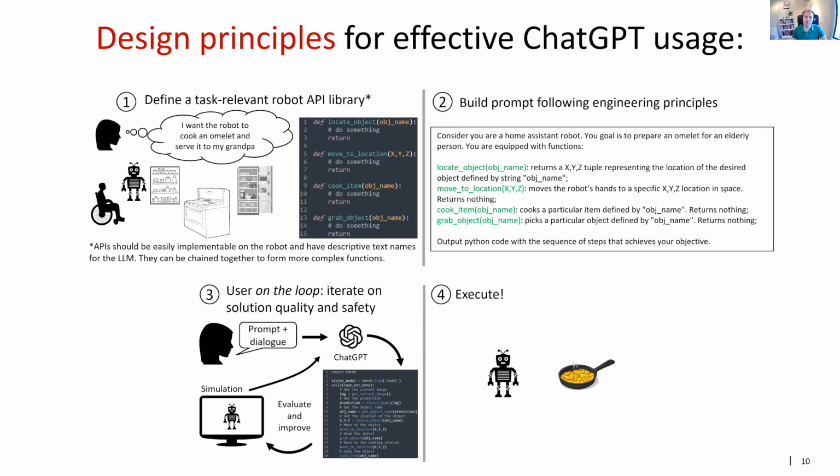But I'll show a couple of cases later where we actually required a conversation with the model. The reason we used ChatGPT as opposed to just GPT-3 was that the ability to chat with the model is much easier for the user for corrections than if you have to regenerate and do everything from scratch again in your interaction loop.